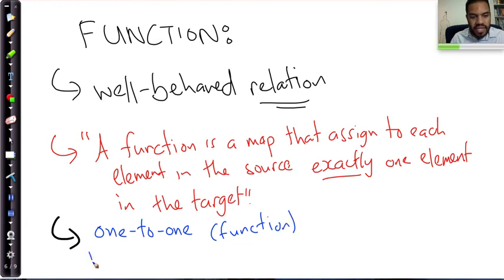Many to one, where I've got multiple things in the source, but they go only to one thing in the target, then I know many to one is also a function.